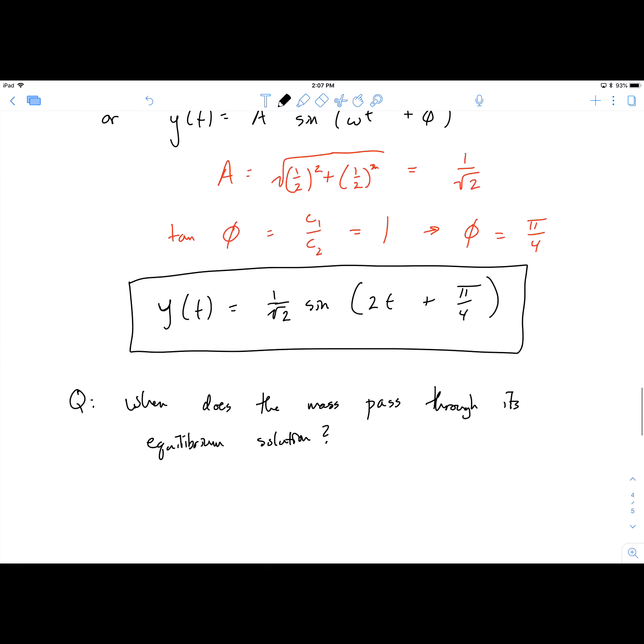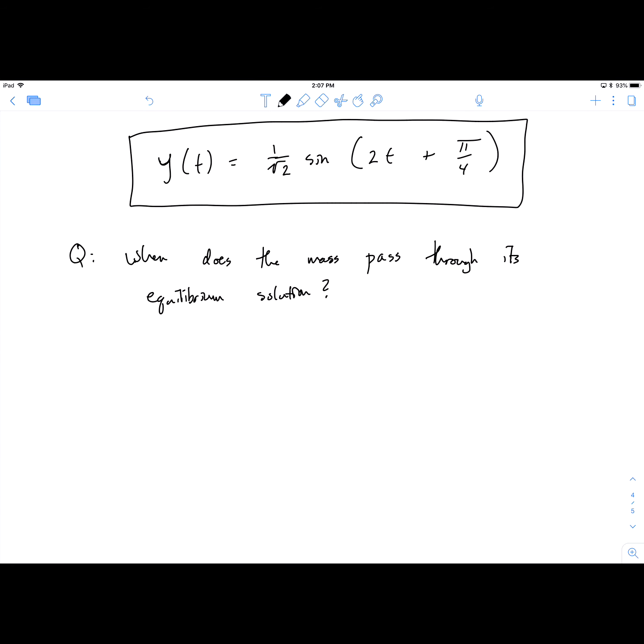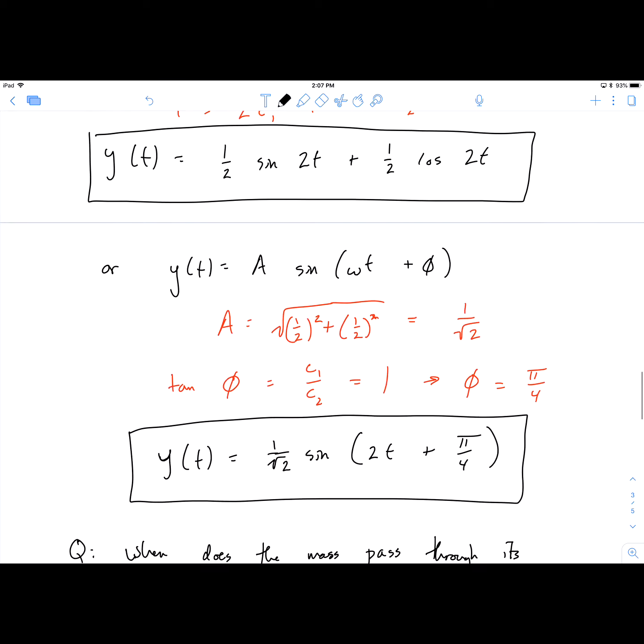So it boils down essentially to solving where y equals 0, because that's the equilibrium position. So we're solving essentially the equation that looks like this. Notice, by the way, I'm using the second formulation here, just because it's going to be a little bit easier to solve for.